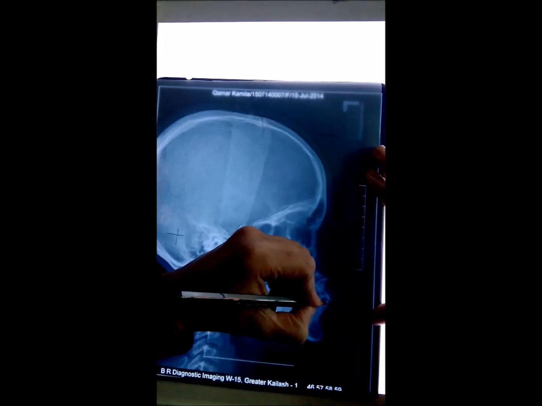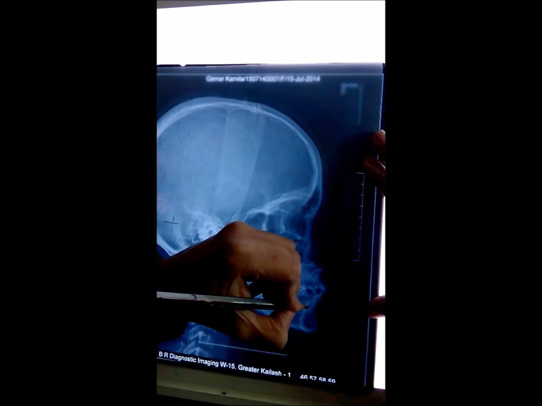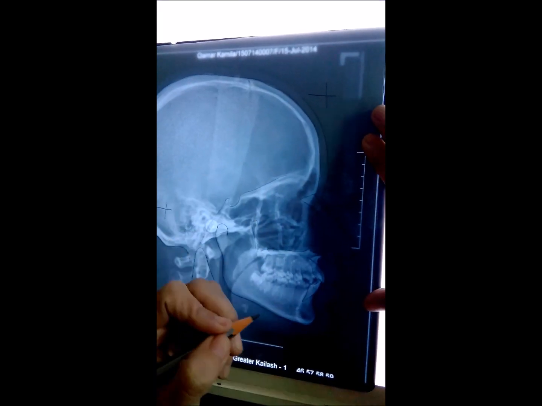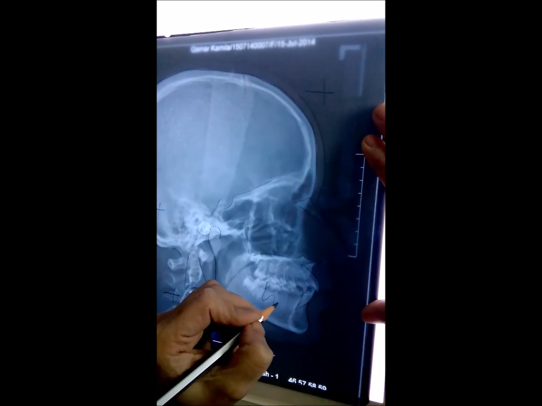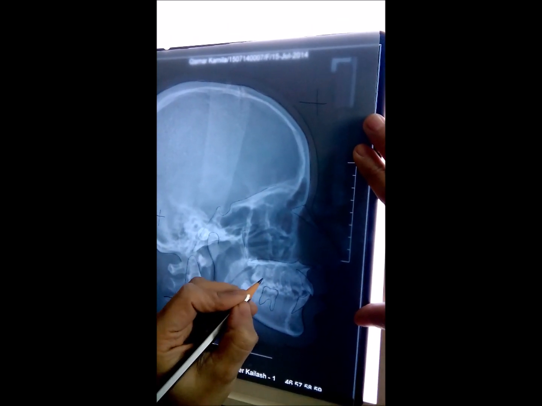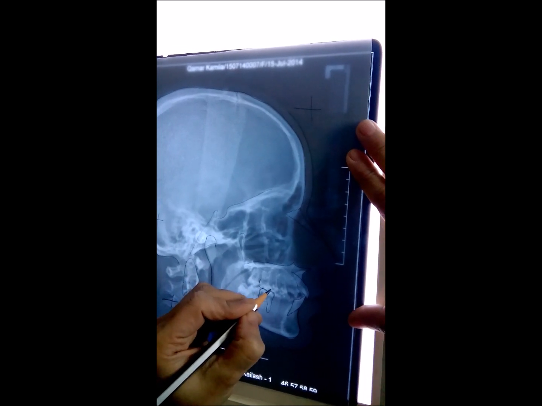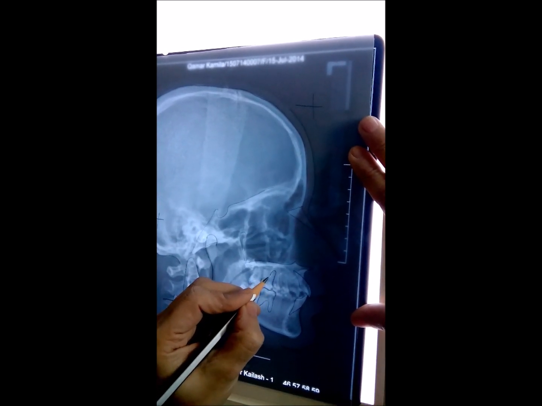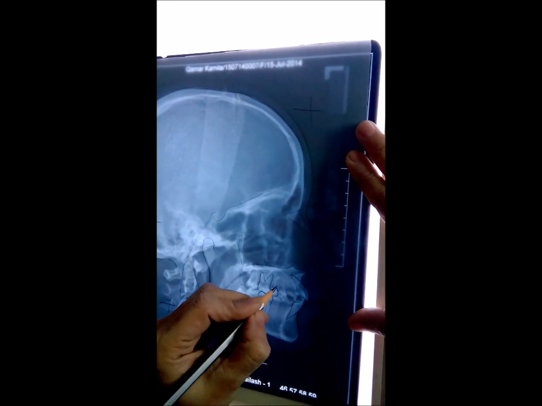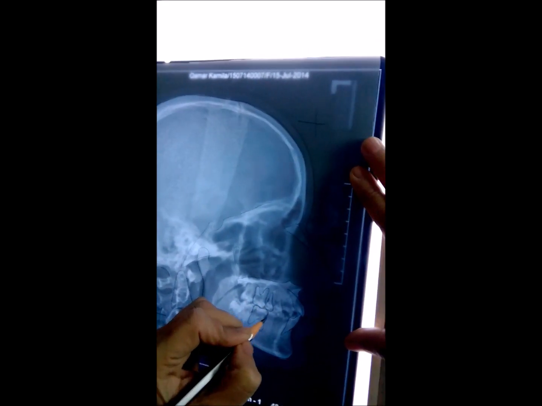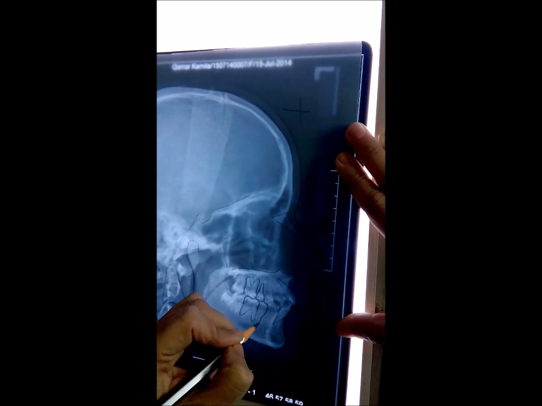The lower incisor outline along with the root. The first molar, upper and lower. The second premolar, upper, and second premolar, lower.